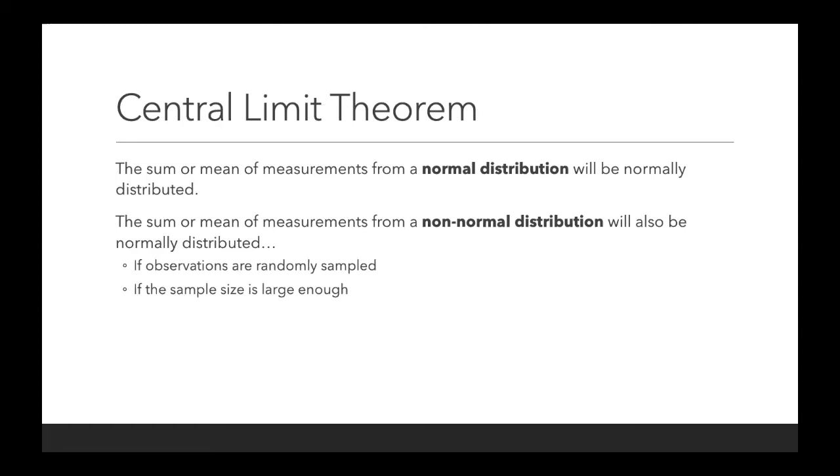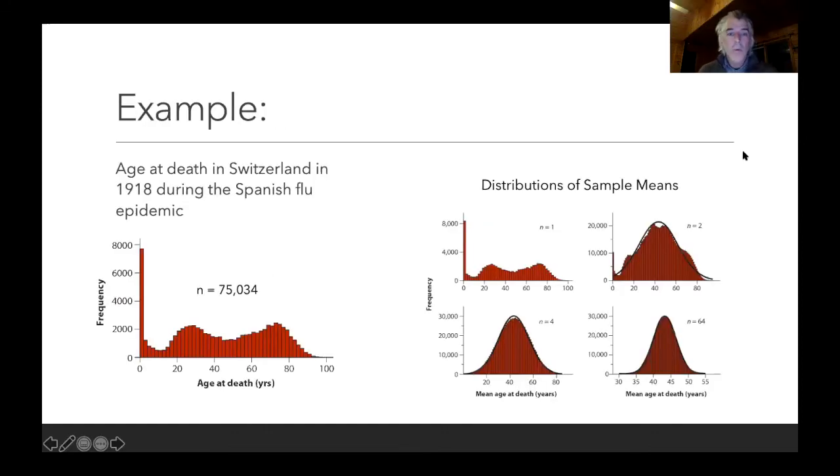And so the reason that many biological measurements are normally distributed is because most of those measurements arise from underlying processes that tend to add together or average across one another to determine the final measurement that we are considering. So let's work through some data then as an example of the central limit theorem.